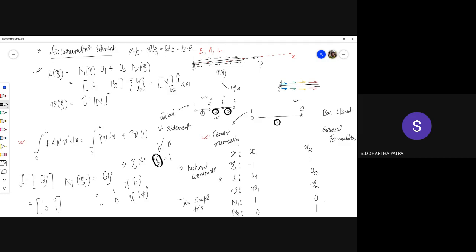Sorry, this one is v. So again, v hat would be the vector of v1, v2. So v hat transpose n transpose basically does v1 n1 plus v2 n2, n being a row vector.